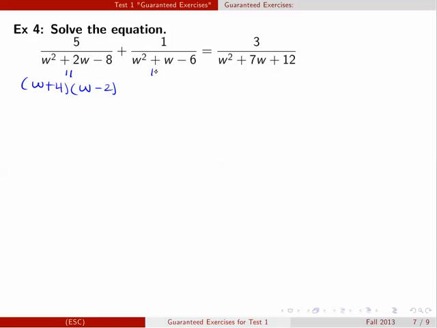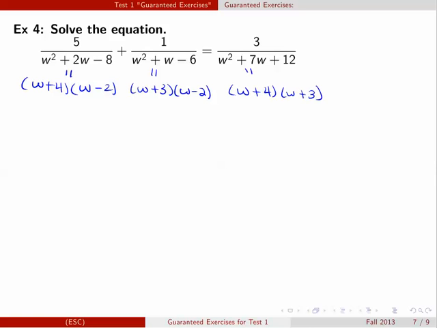We can factor this as w plus 3 times w minus 2, and this fraction on the right can be factored as w plus 4 times w plus 3. Okay, so now that we have this, we can read the LCD.